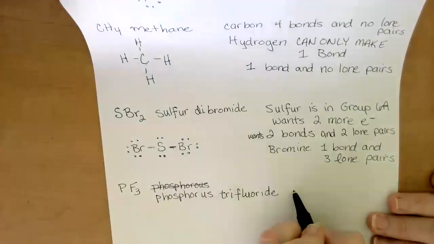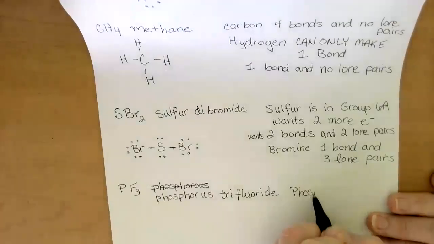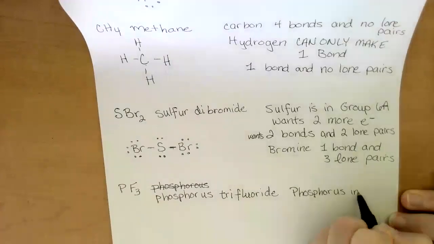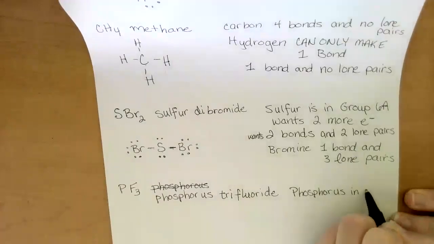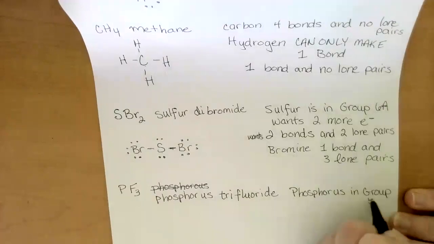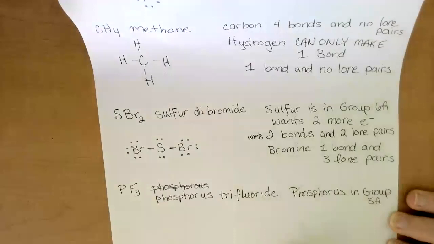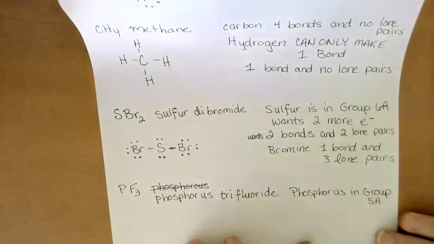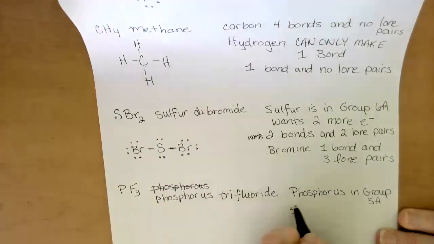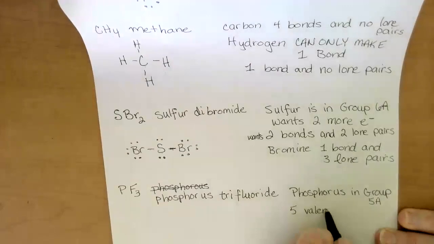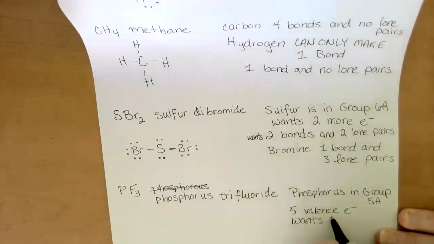Phosphorus is in group 5A. It's the 15th column, but we simplify it to 5A. That means that phosphorus has 5 valence electrons. He wants 3 more.